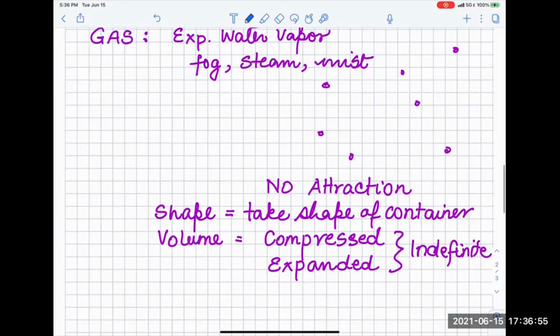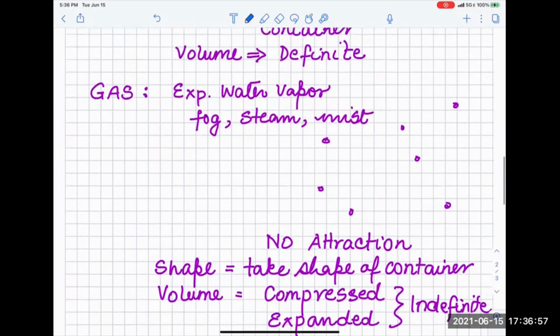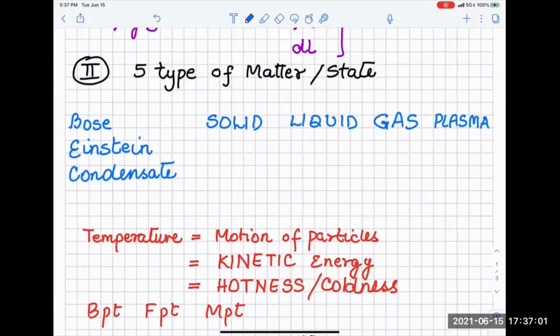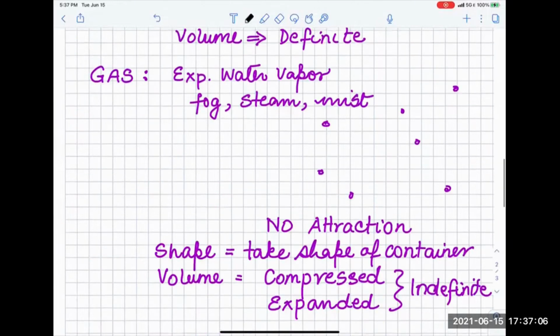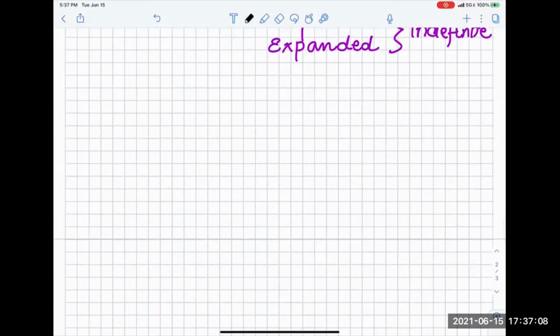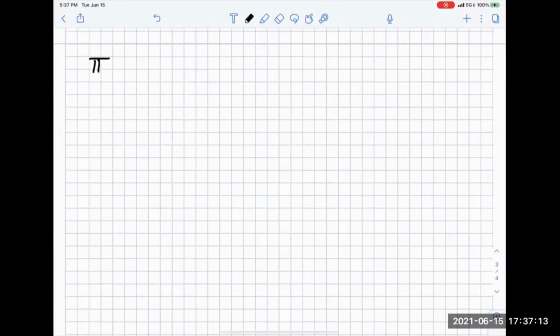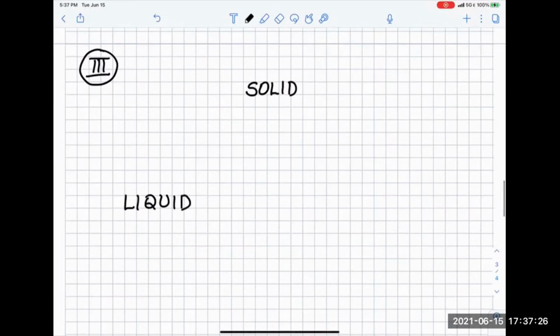Okay, so now that is very general stuff between the solid, liquid, and gases. Now you can bring these transformations between the solid, liquids, and gases. So let's look at these transformations. Let me put this here, number 3. You can change a solid to a liquid, a liquid to a gas, solid to a gas, gas to a liquid, and so forth.